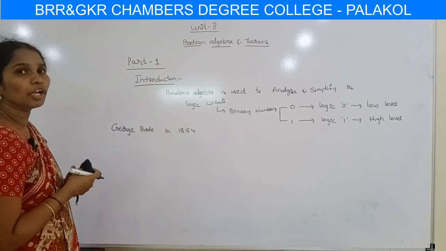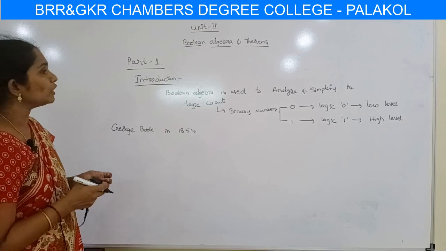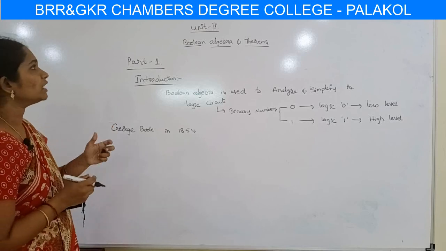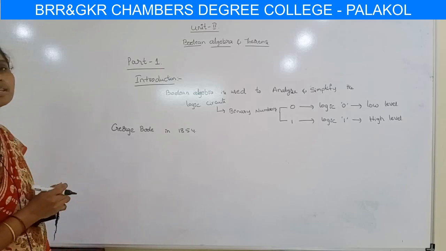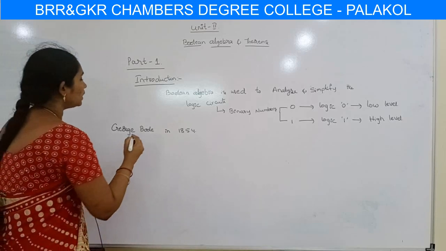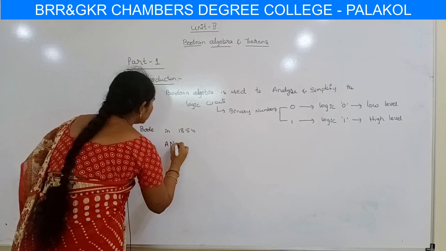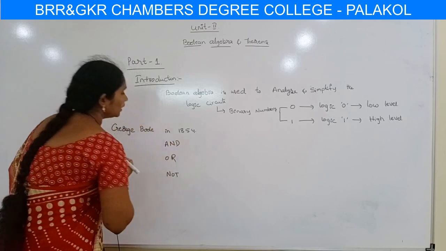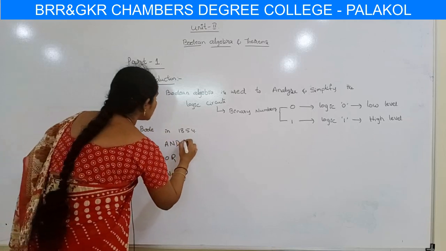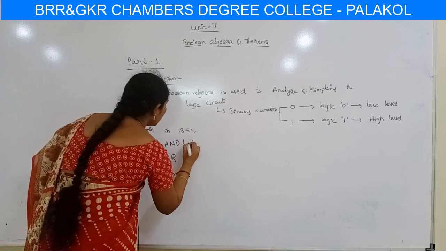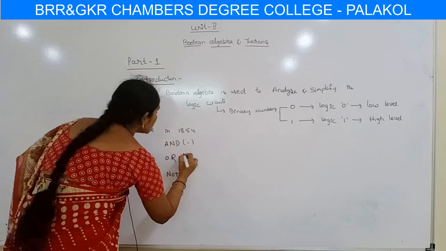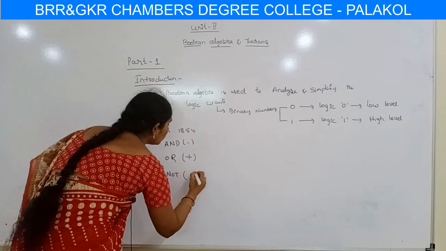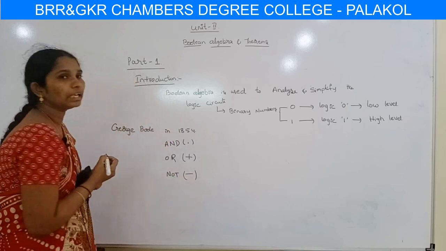Before we move into the laws: when you are implementing any logical equation in Boolean algebra, they use some operators. Those operators are AND, OR and NOT. The AND operator is denoted with a dot, the OR operator is denoted with a plus, and the NOT operator is denoted with a bar.